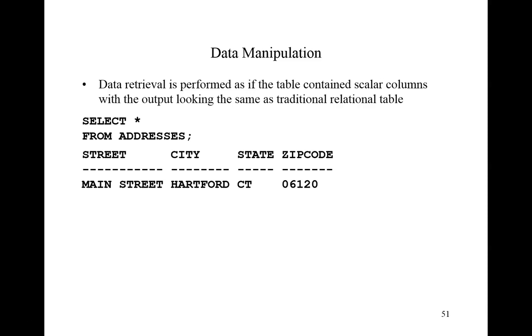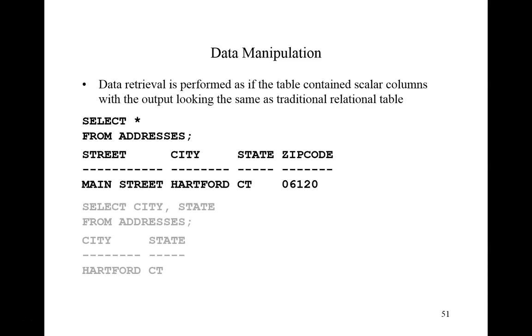There was actually an indication of the constructor to say that this is an object, and then the attribute values. We also can access individual attributes of the row objects that are stored in our table without the need to use a correlation variable.